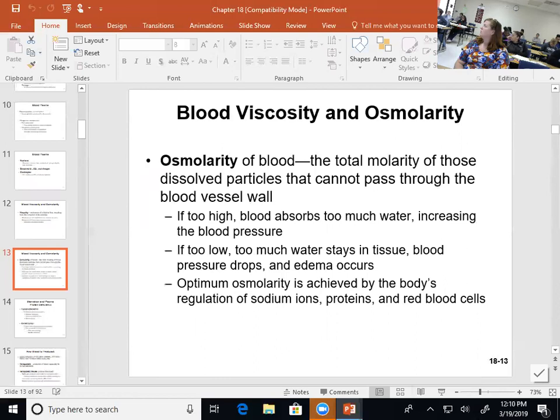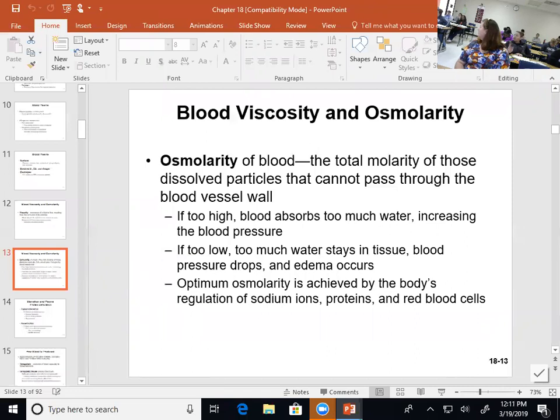But if your osmolarity is high, and so now water is staying in your bloodstream, that's bringing your blood pressure up. Does that make sense? I'm just confused myself.